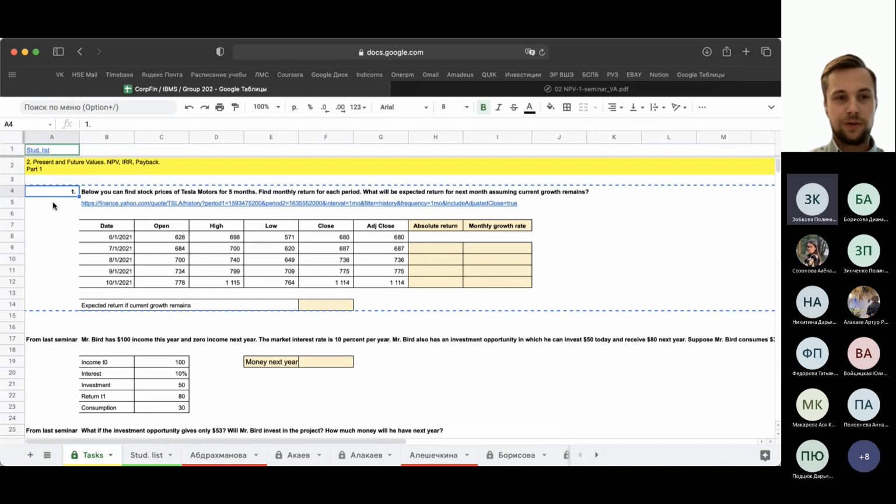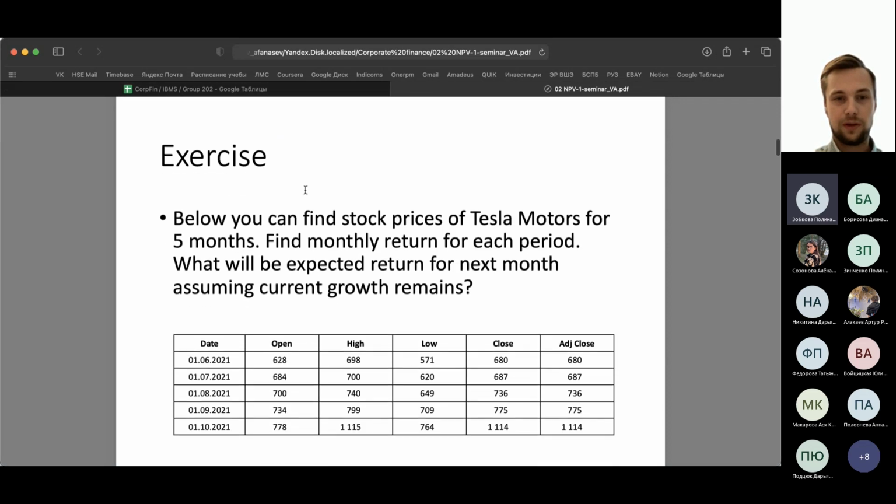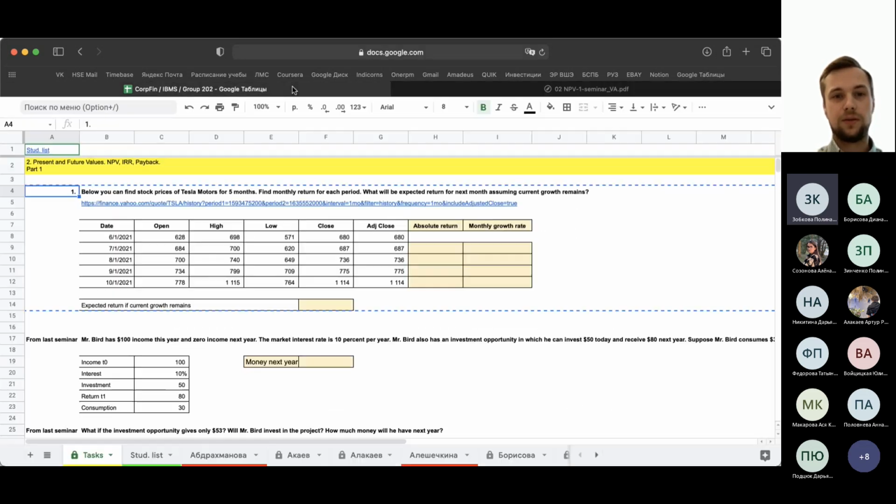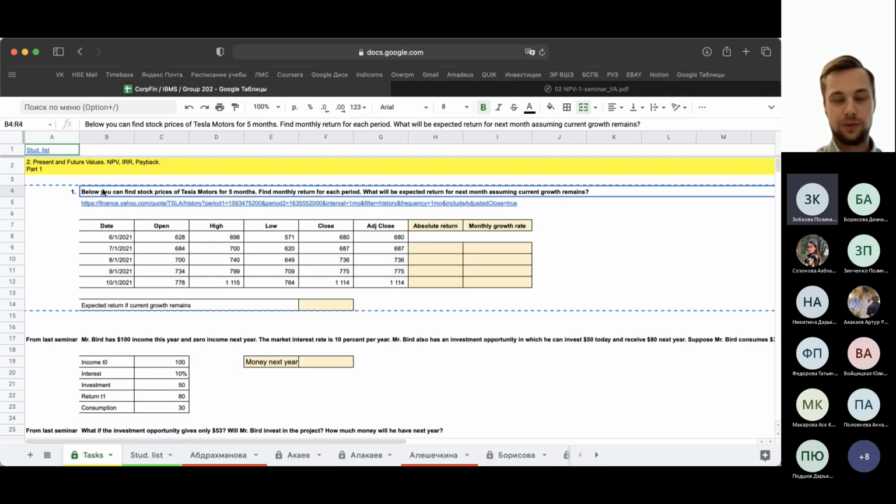And what do we have here? We have several tabs. We have a tab with tasks in which I have copied the problems, which I will also show in the presentation, but the problems are also copied here, so you can use only the spreadsheet in the seminar.